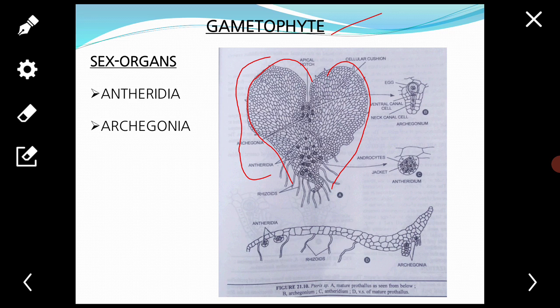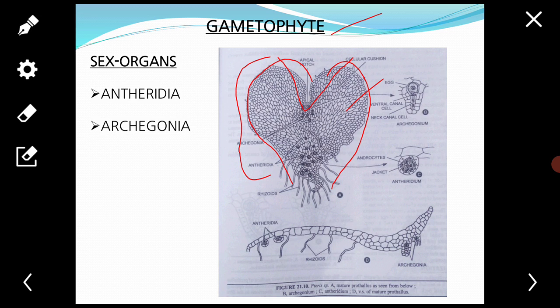The prothallus or gametophyte is small, approximately 5 to 10 millimeter in diameter, green, heart-shaped or cordate, and thalloid. It is flat, dorsiventral, and shows an apical notch in which the growing apex is situated.